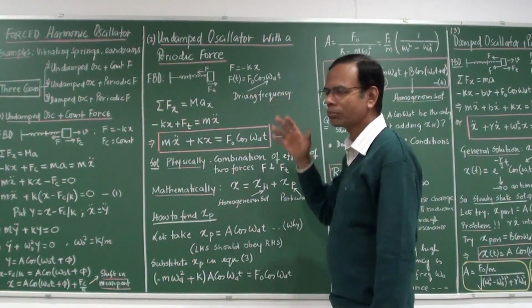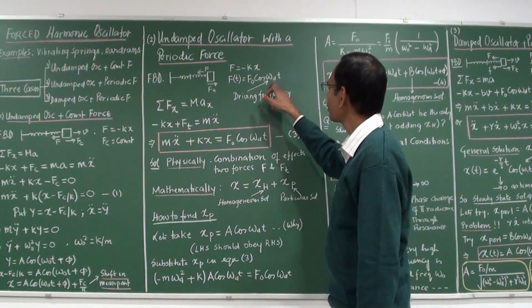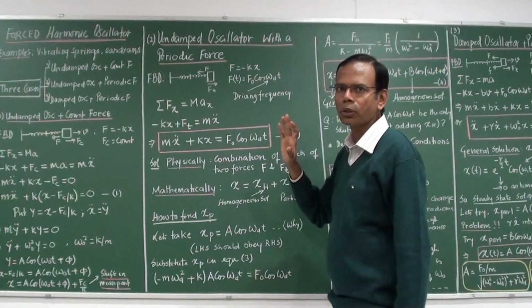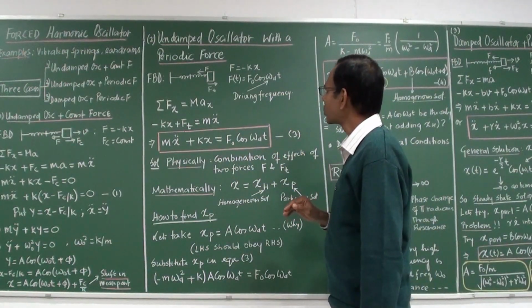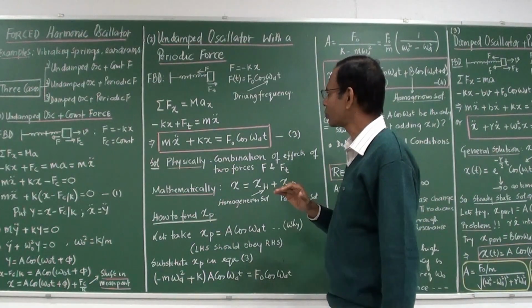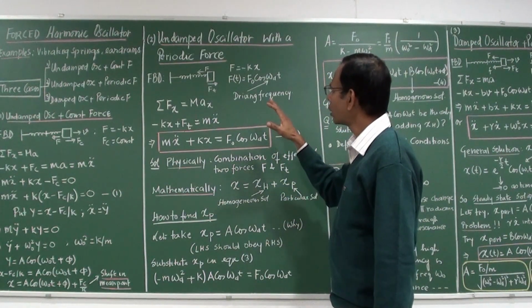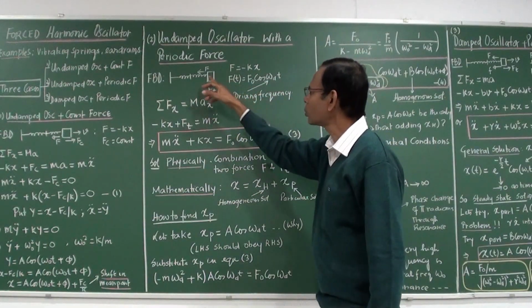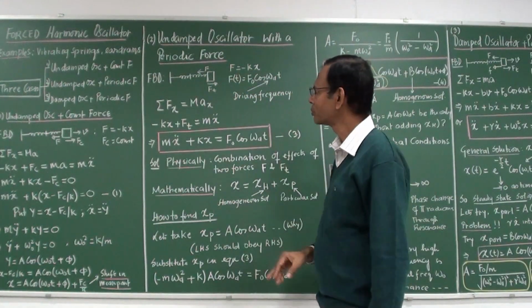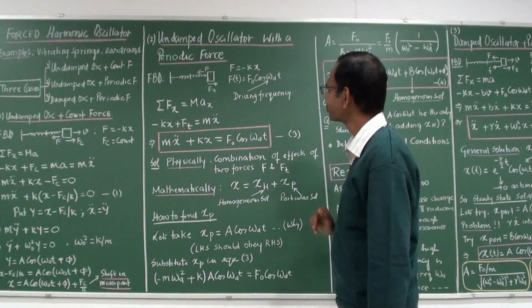In many books it is not there, but I have taken omega d so that it is clear that it is a driving frequency. So actually what is happening here is that there is the driving force, along with that the restoring force. So two forces are there.